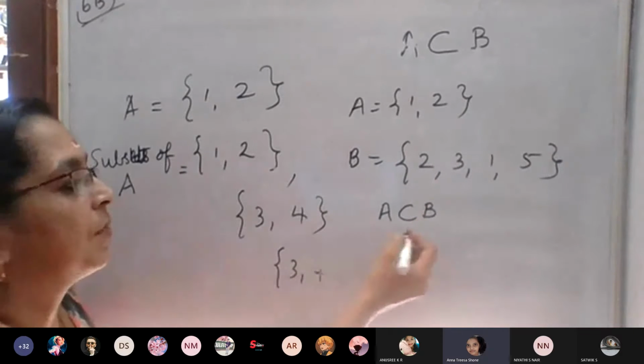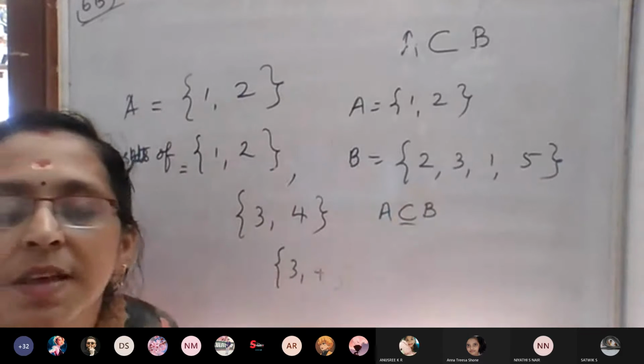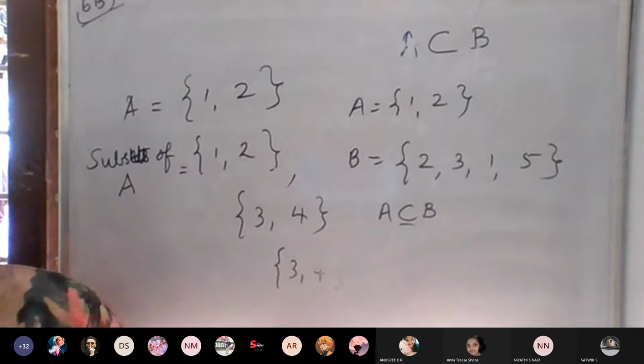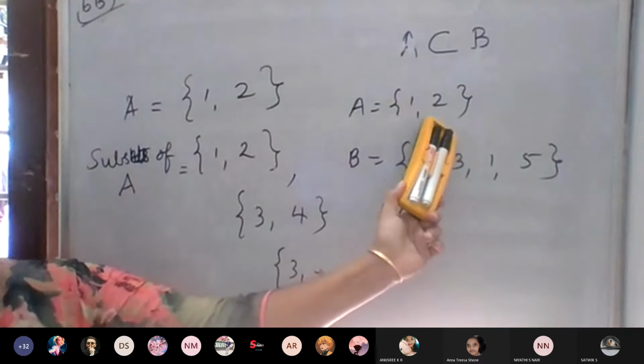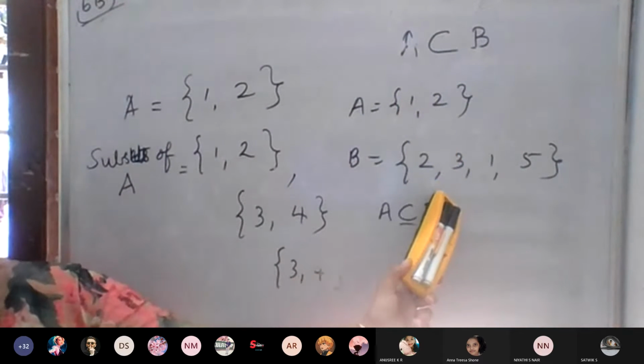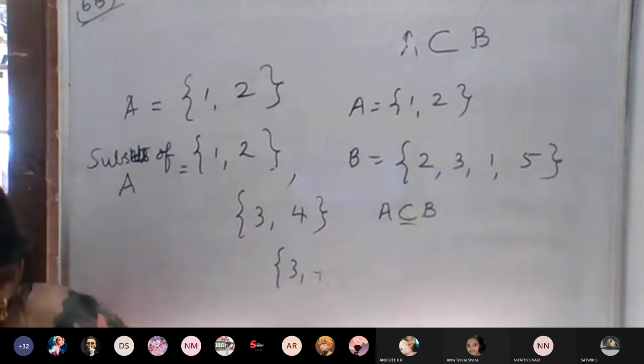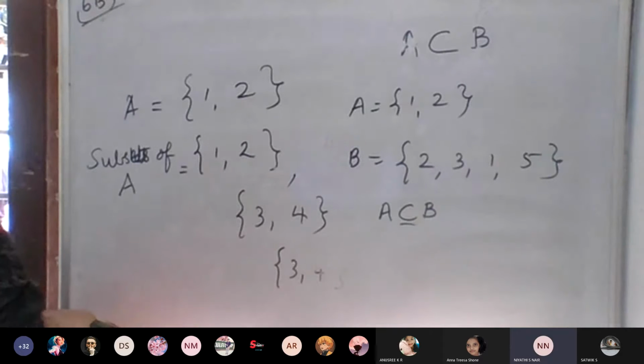So we can say that A is a subset of B. That means if all the elements of set A belong to set B, the set A is said to be a subset of B. Is it clear?